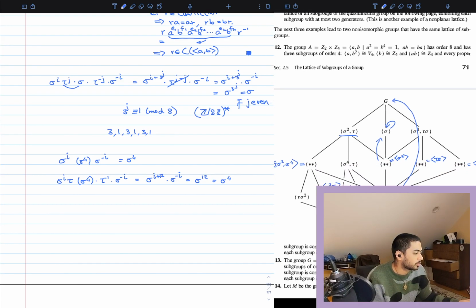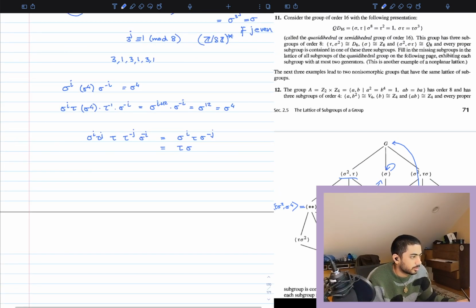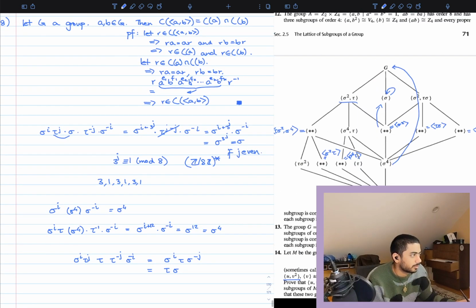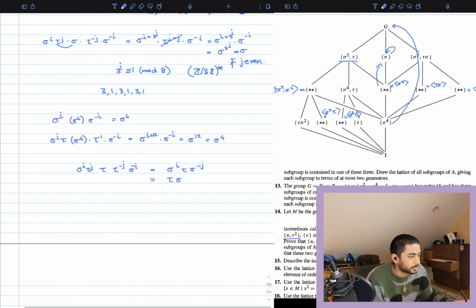Okay, so what does tau commute with? Tau is going to commute with its powers. So let's see: sigma to the i, tau to the j, and then tau to the negative j, sigma to the negative i. So this is going to be sigma to the i, tau, and then sigma to the negative i. And then we can swap these and get tau times sigma to the 3i. Sorry, that was a lot of scrolling.